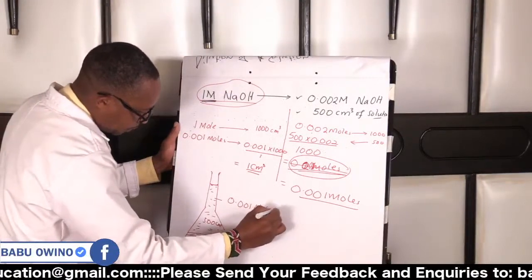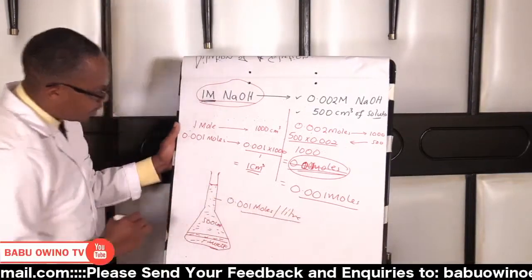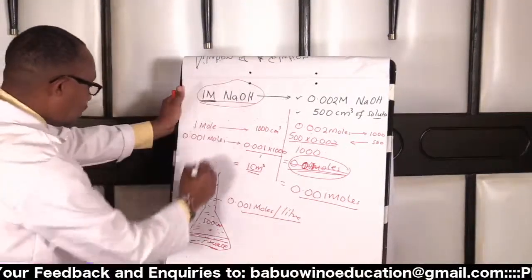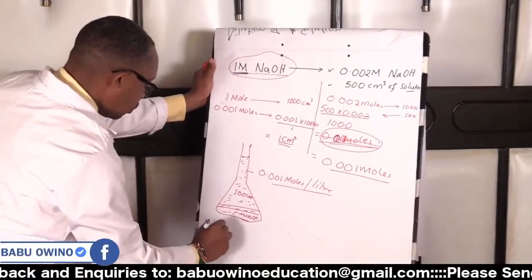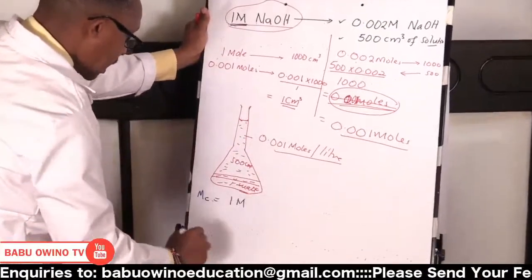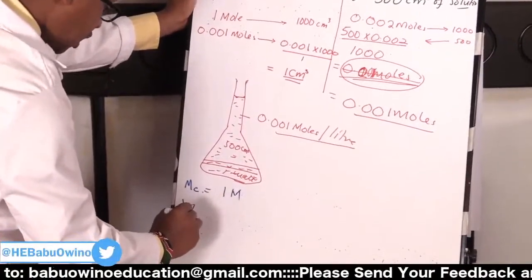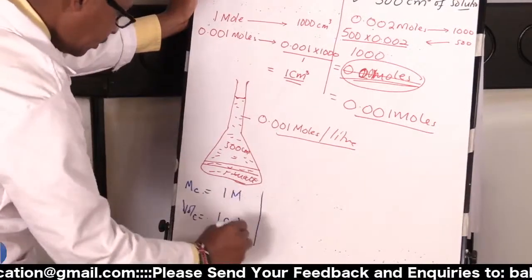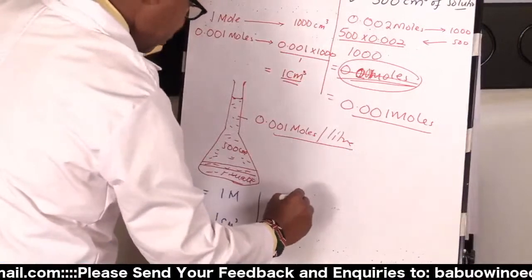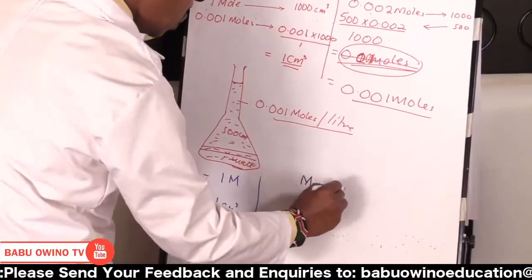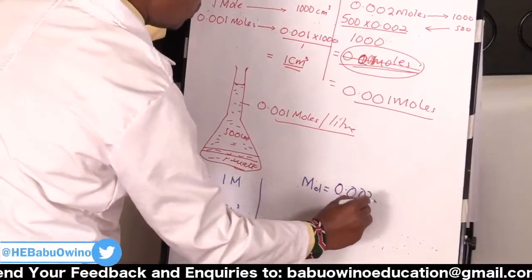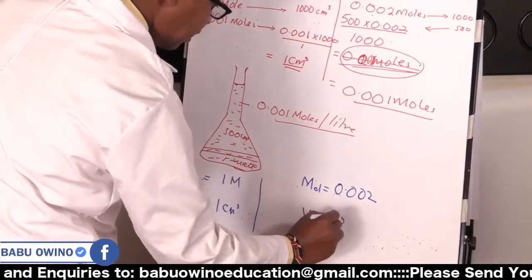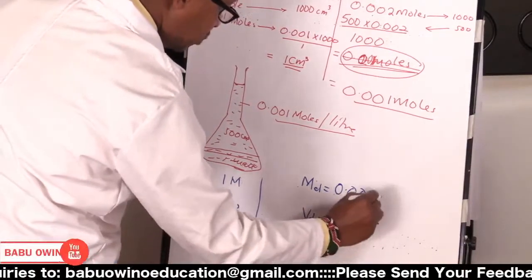Then this is going to be moles per liter. Now, if you look carefully at this work, the molarity of the concentrated one was 1 molar. And the volume of the concentrated one that I've taken is 1 centimeter cubed. Then the molarity of the dilute one was 0.002, and the volume of the dilute one was 500 centimeters cubed.